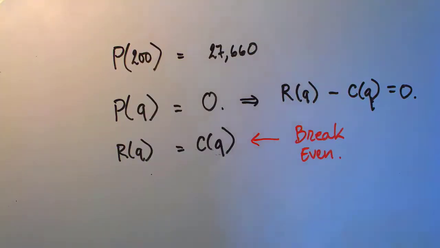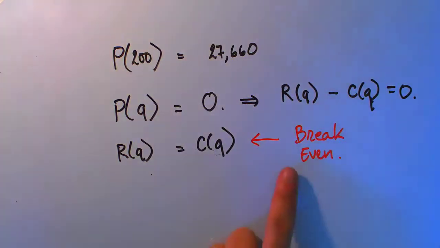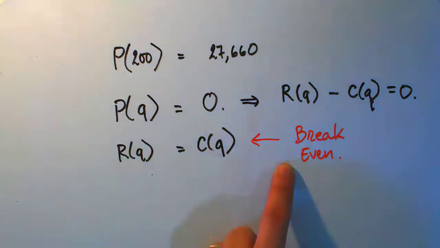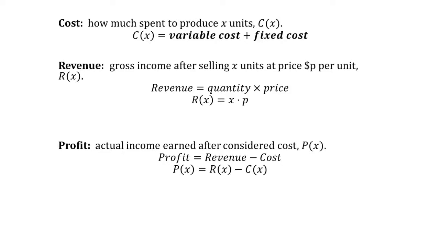Now, sadly, in this video lesson, I don't have an example of a break even, but it will come in some other video. So in our general understanding, break even will happen when your profit equals 0, or revenue just not getting any better than cost. So revenue equals cost.